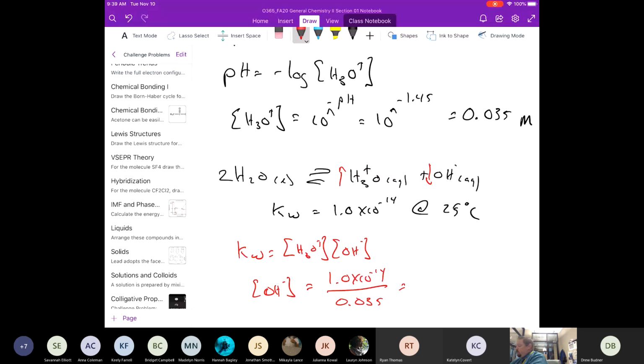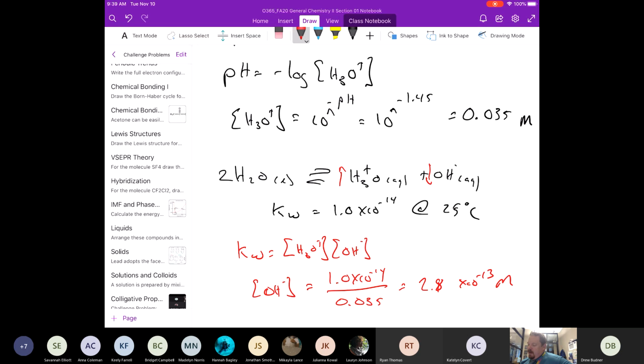So this would be equal to 2.81 times 10 to the negative 13. Just call it 2.8 times 10 to the negative 13 molar.